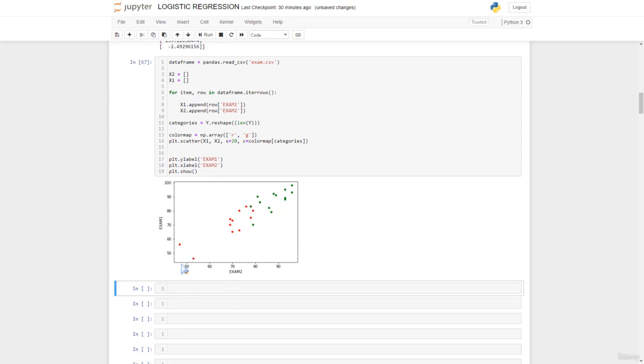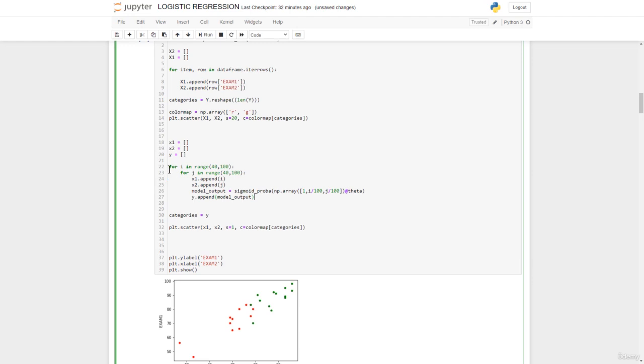That is points ranging from say 40 to 100 and 40 to 100 this way. So we have exam 1 mark between 40 and 100, exam 2 mark between 40 and 100. All these points are going to be tested with our model, and our model is going to tell us how it's going to behave if these points were given as inputs.